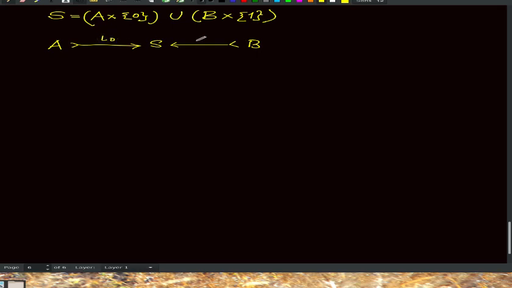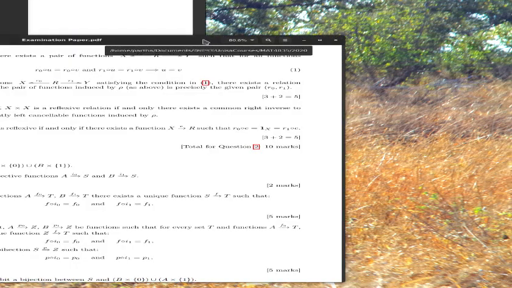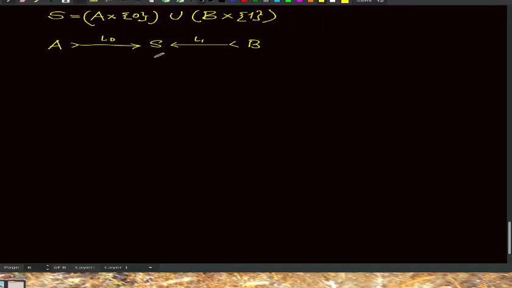I call this iota 0 and iota 1 if I am not wrong. I see the question in front of me. Remember, this is nothing else but what we understood as the disjoint union of A and B. So, what are the members of S?